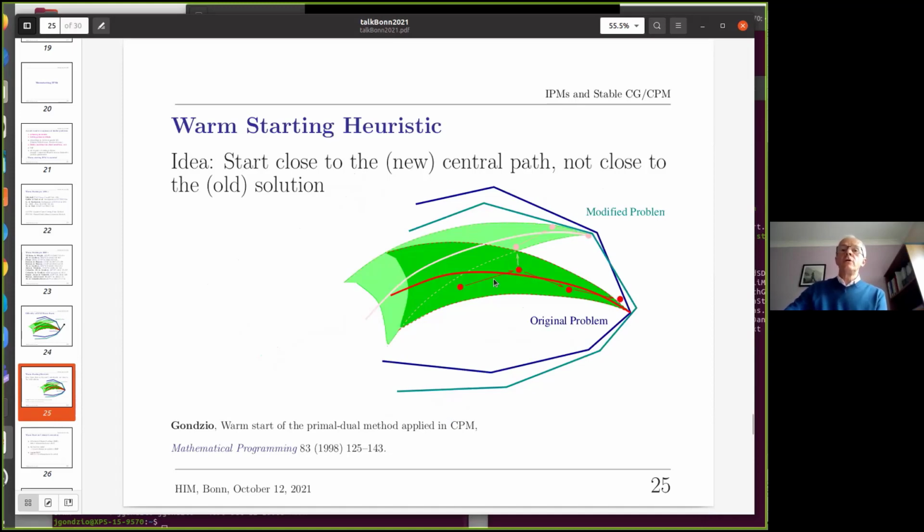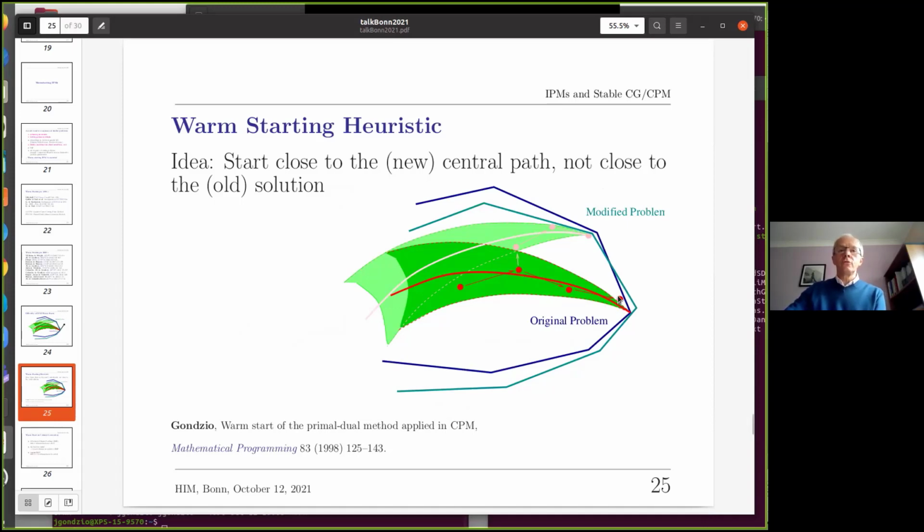When I say backtrack, just to store a few iterates, or maybe store the whole history of iterates, and pick up the point which was close to the central path, from which it will be easy to switch to the new central path. One cannot allow themselves to be too close to optimality, because the switch will not be possible.